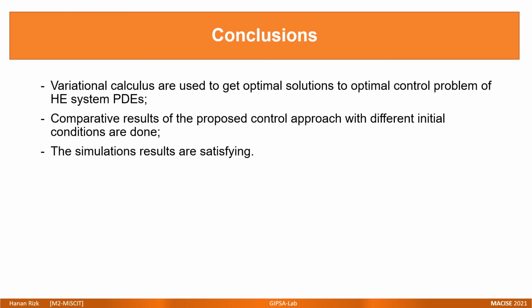Based on this, we propose a gradient descent algorithm to solve this problem. The proposed gradient descent algorithm in this work guarantees efficient temperature control and the safety of both the heat exchanger system and its performance.